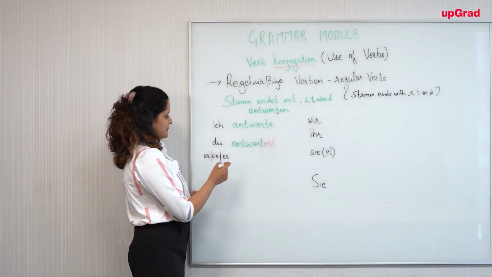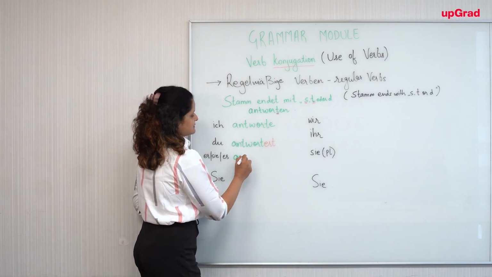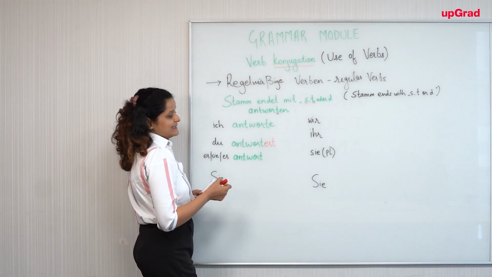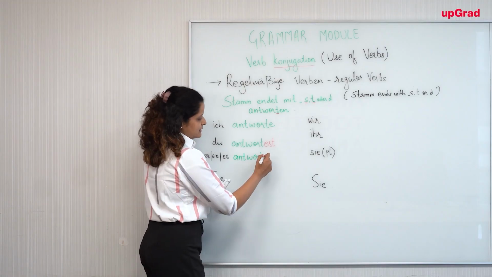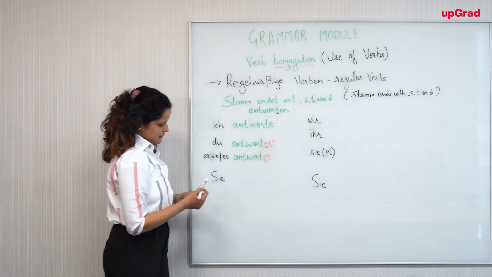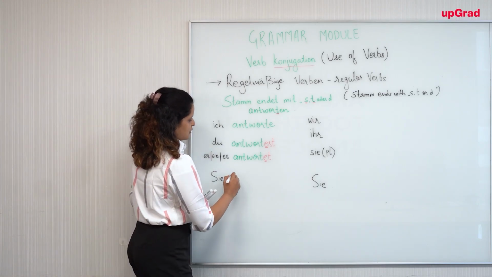The same also applies to er/sie/es. So the stem remains the same here, and you add ET. So there is this extra E that gets added here and here. Sie, there is no change. So here, same conjugation.